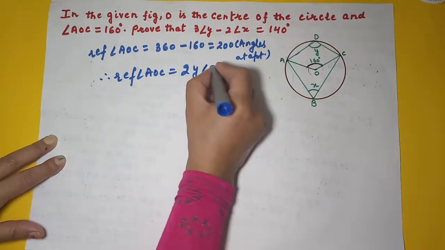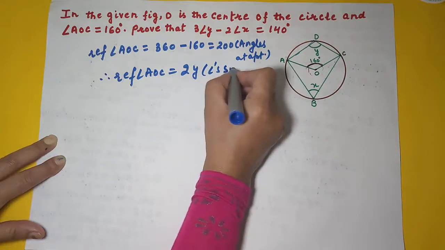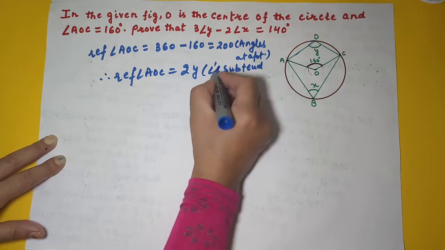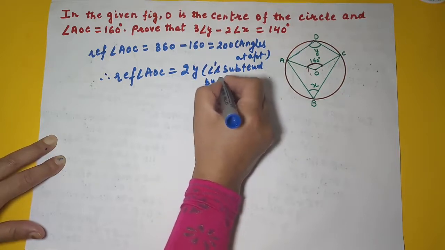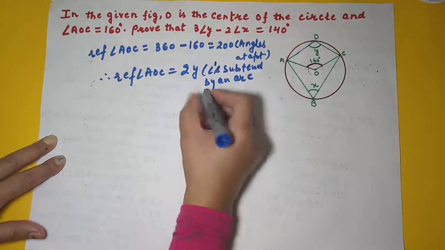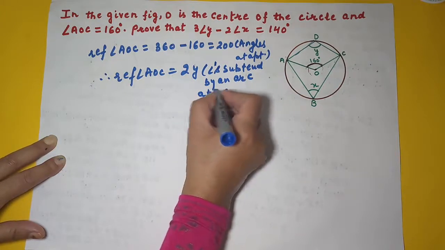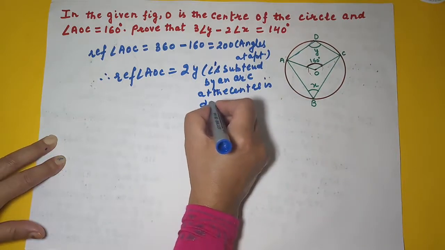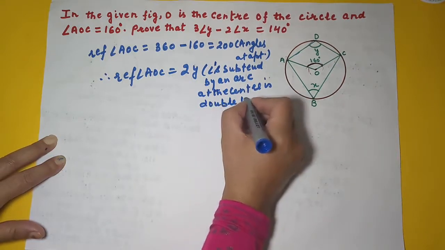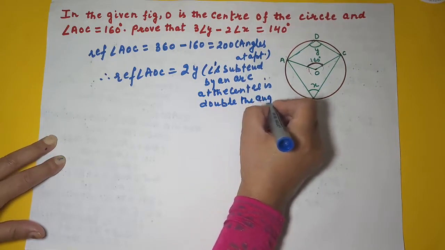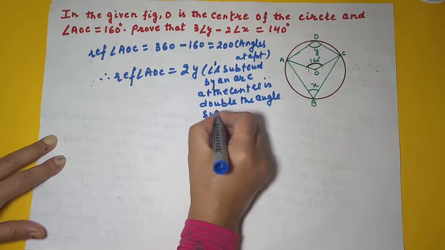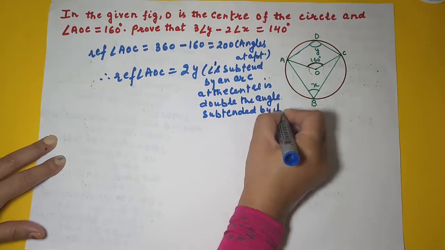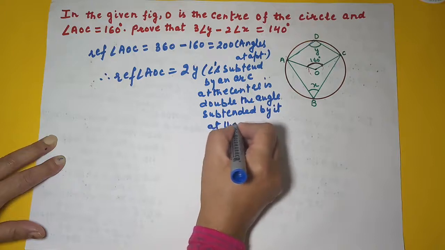Why? Angle subtended by an arc at the center is double the angle subtended by it at the circumference.